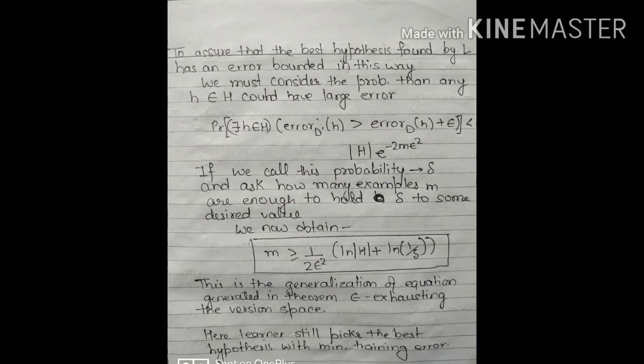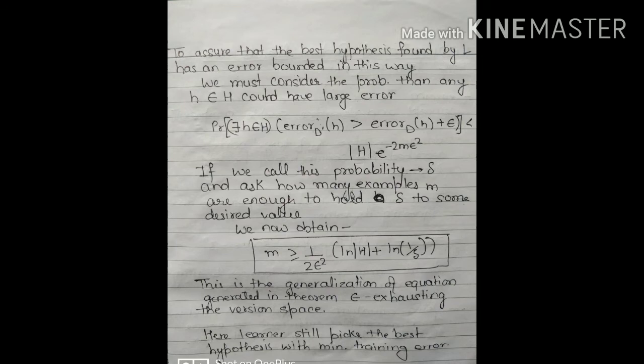So now we are going to bound this particular large error. We are going to ask how many examples m are enough to hold this delta to some desired value. We now obtain the value of m. Just put delta in place of the probability.